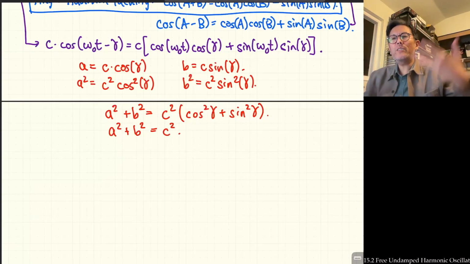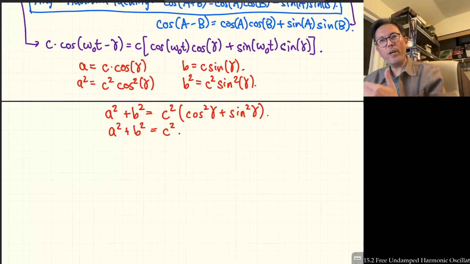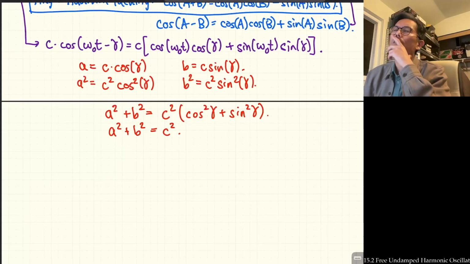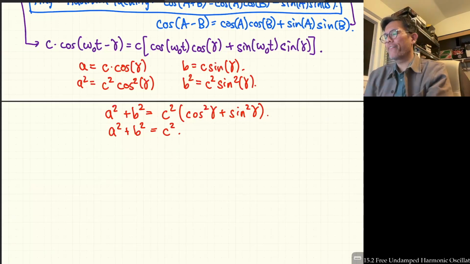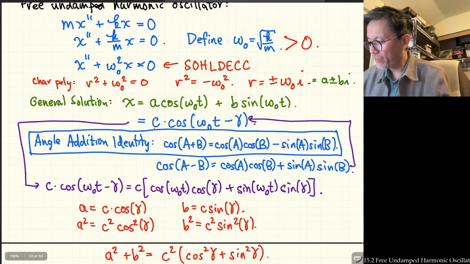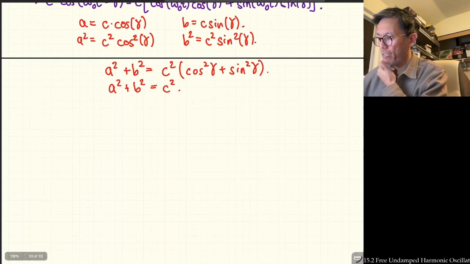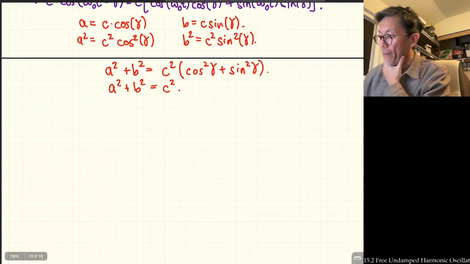A squared plus B squared is going to be a positive quantity, but C could be negative. Okay, fine, I'll leave this as a relationship. So if I want to know what C is, C squared should be A squared plus B squared.